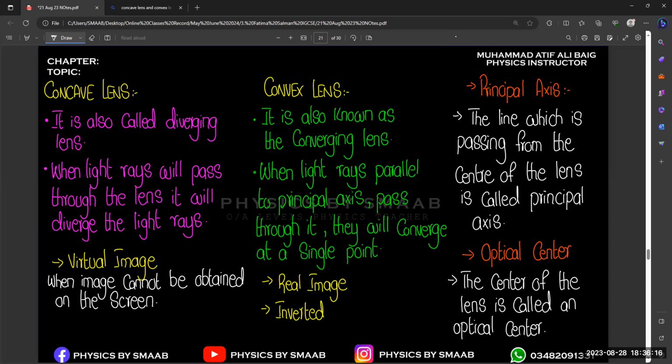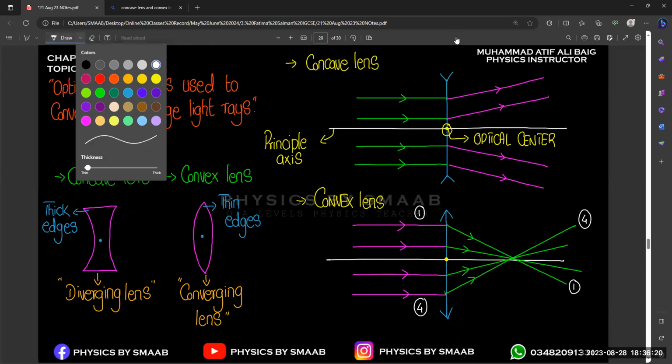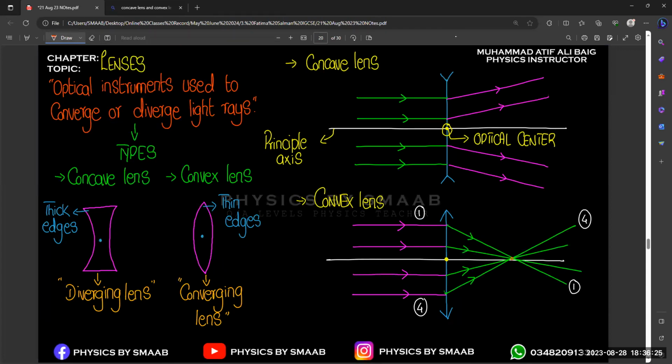And in the ray diagram, how are we getting the image? We are getting the image like this: the point where light rays intersect each other, basically this point shows you the image, right? Clear?